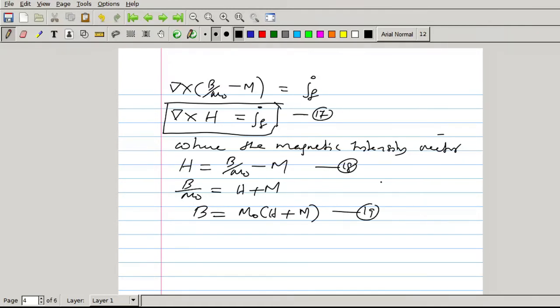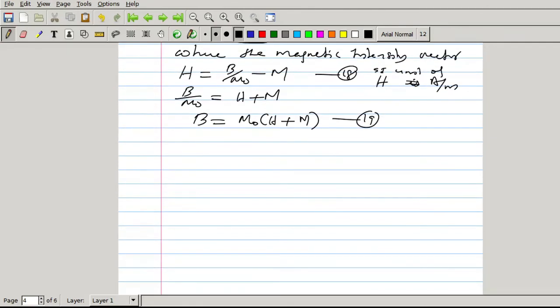Equation 19. H has an SI unit of ampere per meter. H and M have the same unit: magnetization and magnetic intensity vector have the same unit. This magnetization M is proportional to the applied field H, the magnetic intensity vector.